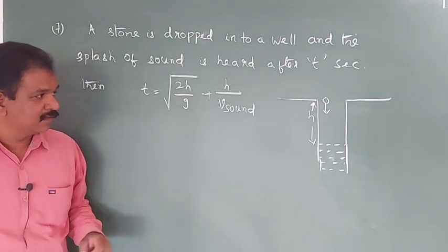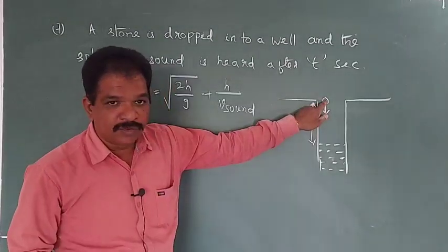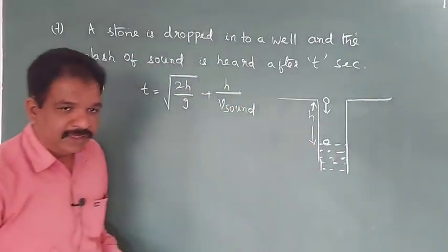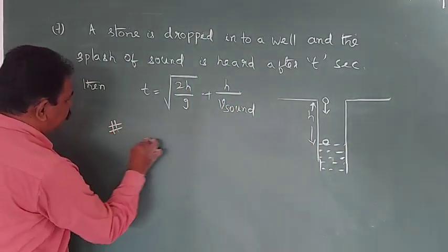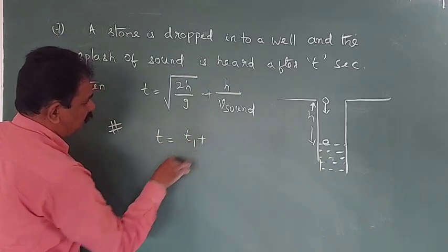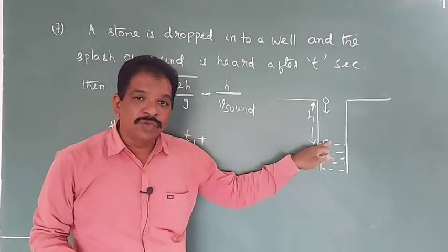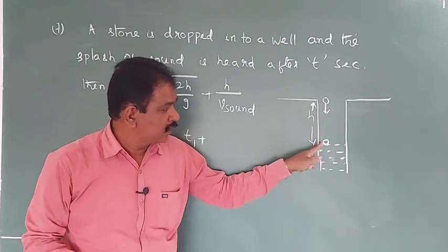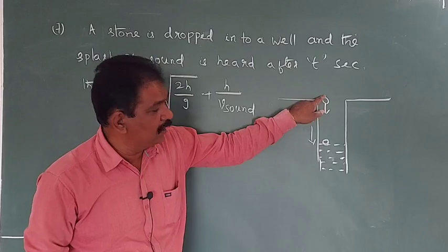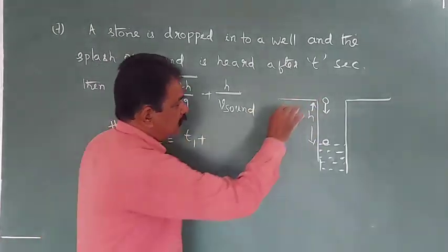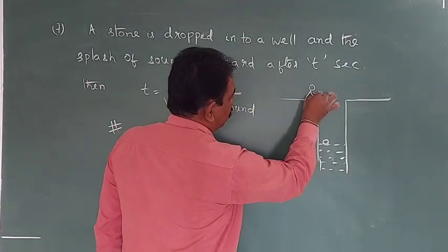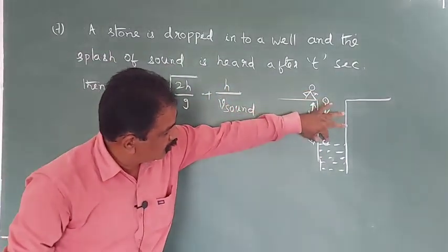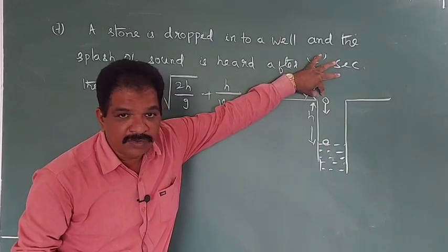Why like this? This stone, to come to here, is taking a time t1. When this stone touches the water, it will produce sound. That sound should travel from here to here, because the observer is here. That person is here, he dropped the stone. This sound should go from here to here.